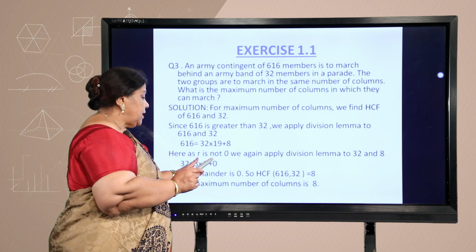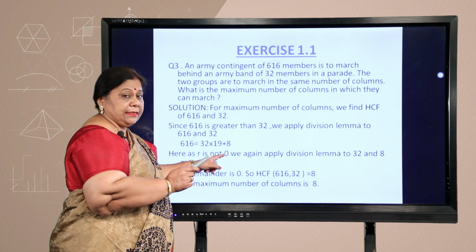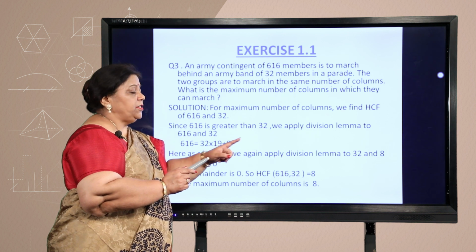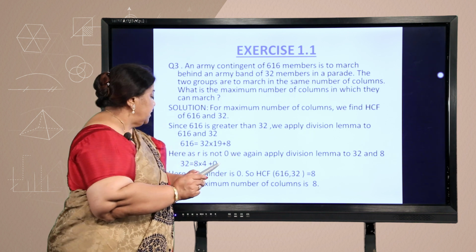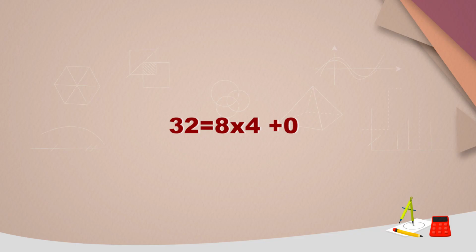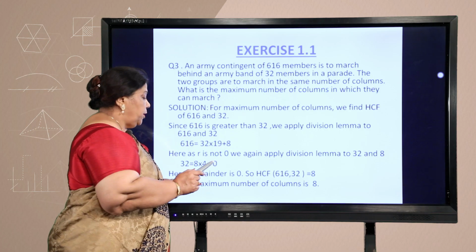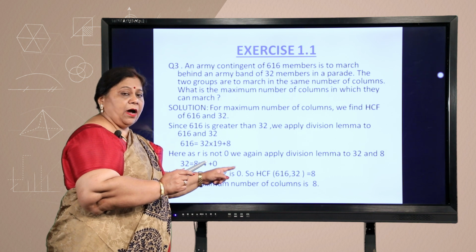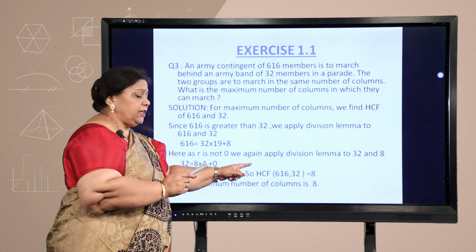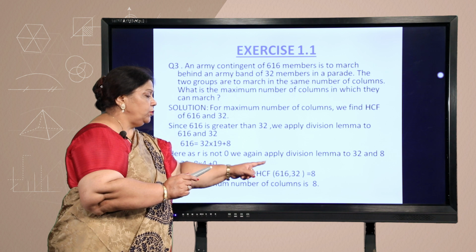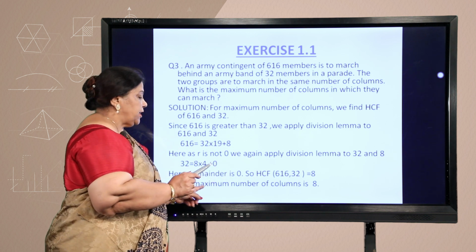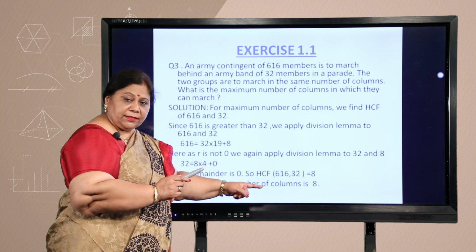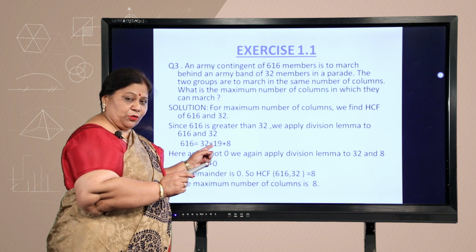Here, because r is not 0, r is 8, we again apply division lemma to 32 and 8 and we can write down 32 is equal to 8 into 4 plus 0. Here remainder is 0, therefore, highest common factor of 616 and 32 is equal to 8. Hence, maximum number of columns is 8. I hope you have understood this.